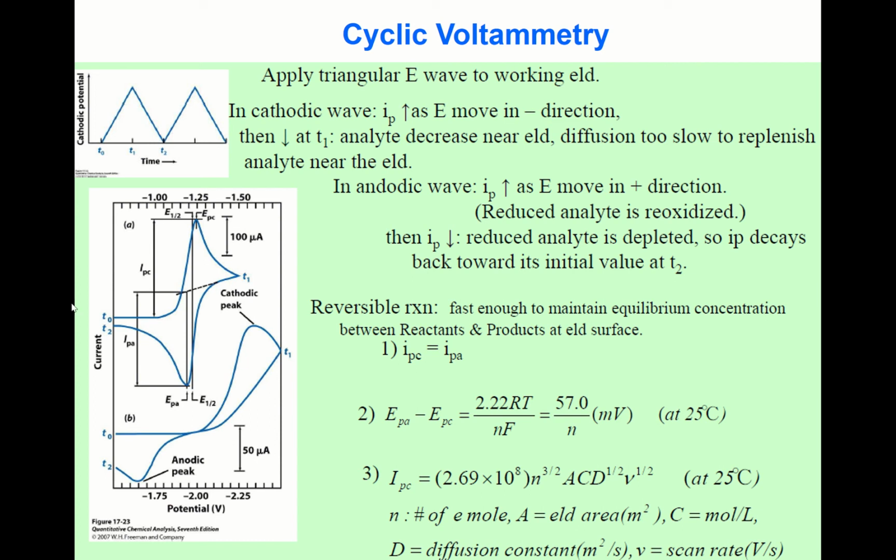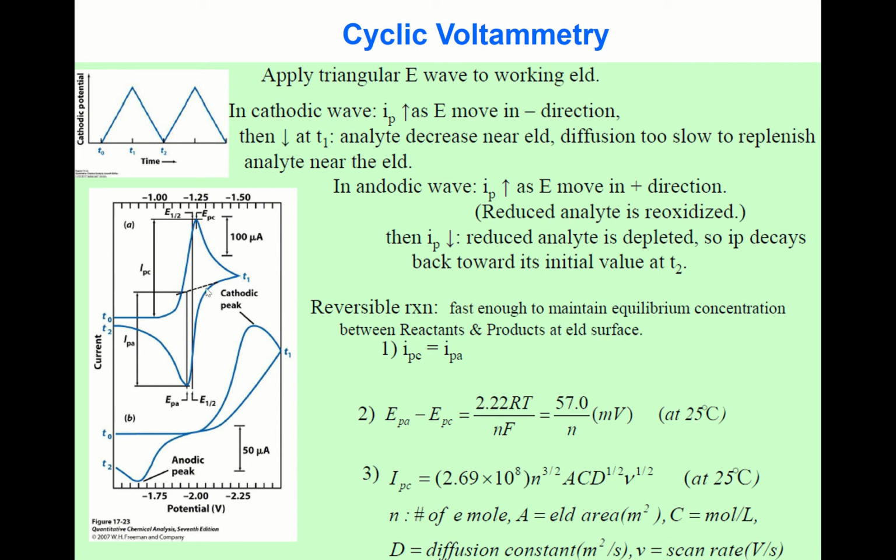Okay, let's first look at this one. This peak current is measured from here to there. This is the peak cathodic current. Okay, and measuring the peak anodic current is not easy, since you return the potential here.